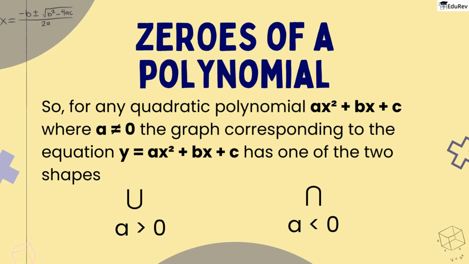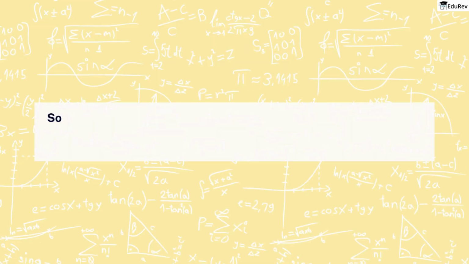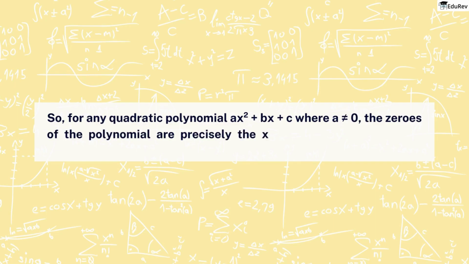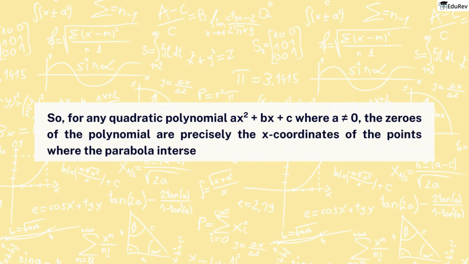These curves that we obtained are called parabolas. So for any quadratic polynomial ax square plus bx plus c, where a is not equal to 0, the zeros of the polynomial are precisely the x-coordinates of the points where the parabola intersects the x-axis.